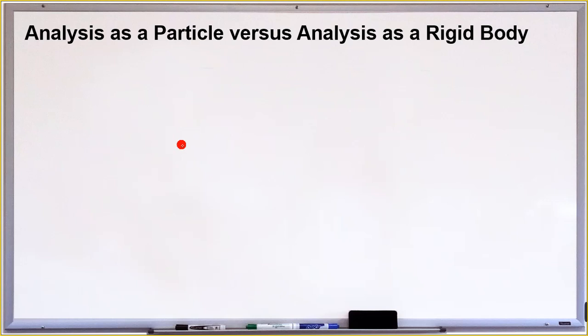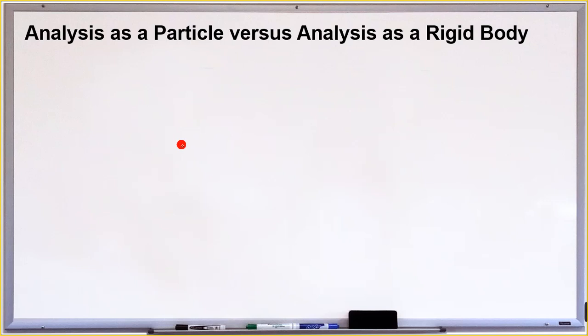From the previous discussion, we use this concept wherein if we're given a system of rigid bodies or a system of objects, we treat those objects as particles, as points, regardless of their size and dimensions.